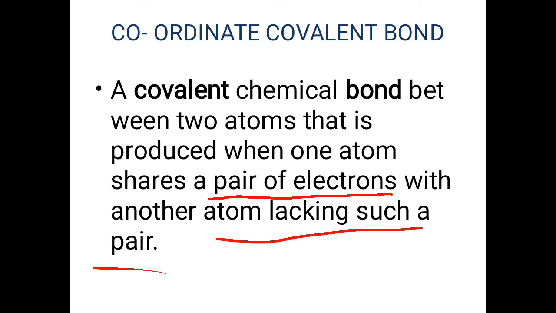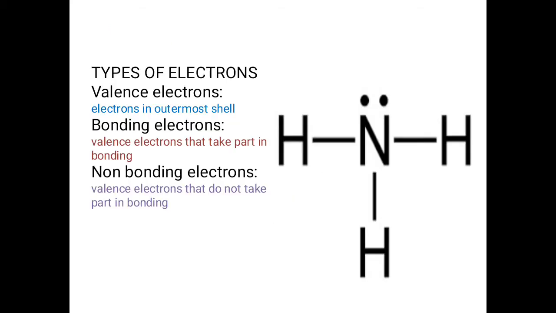A coordinate covalent bond is formed when a pair of electrons is donated from one atom to another atom. Now we see how many types of electrons are available in the molecules.